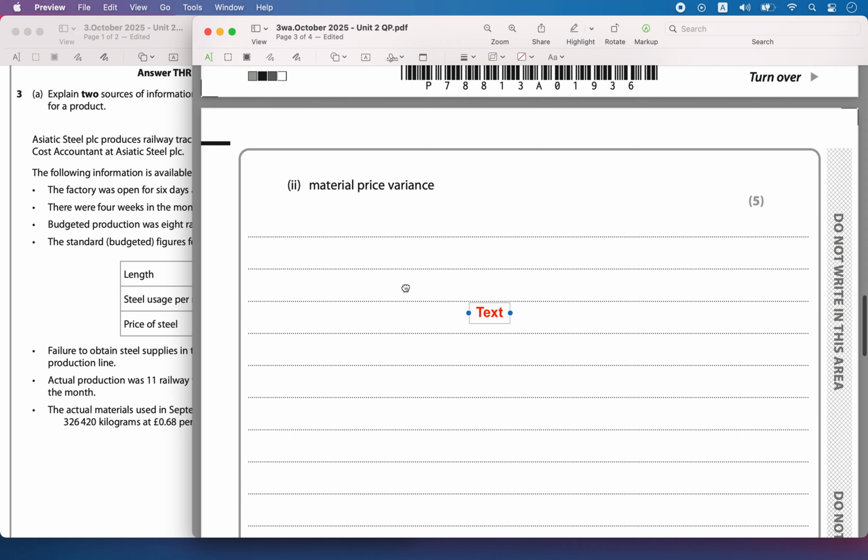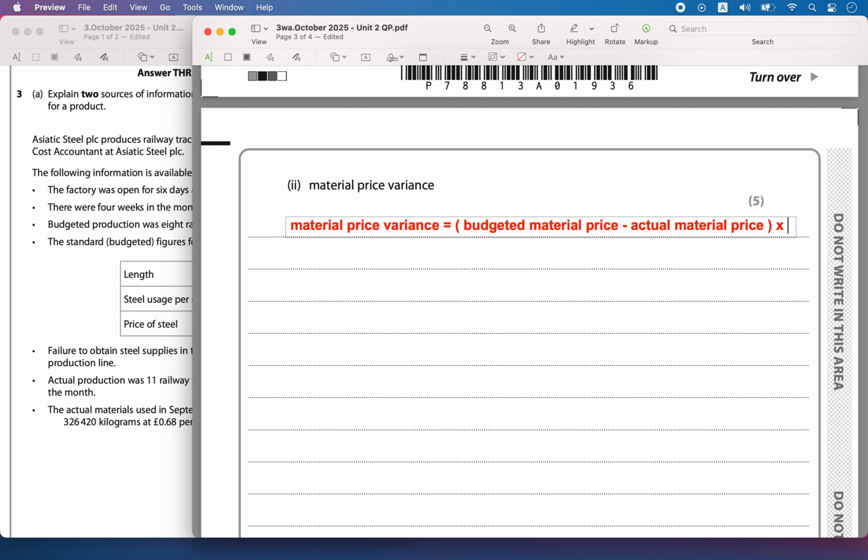The next one is the material price variance. For the material price variance, it's the difference between the budgeted price minus actual price. Price of what? It is the price of the material. If it is labor, you will put labor.